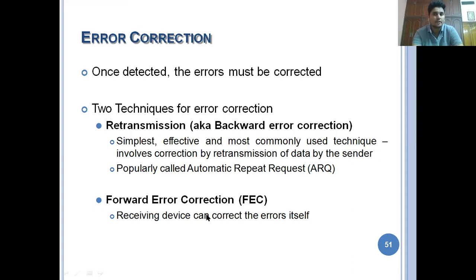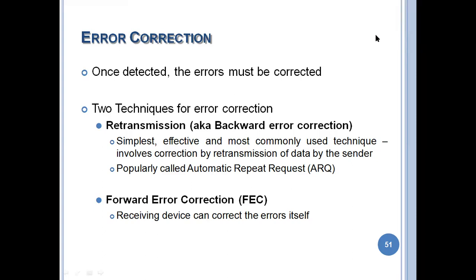Please note it down, guys. There are four techniques for error detection: vertical redundancy check, longitudinal redundancy check, cyclic redundancy check, and checksum. In vertical redundancy check, the parity generator identifies the parity.